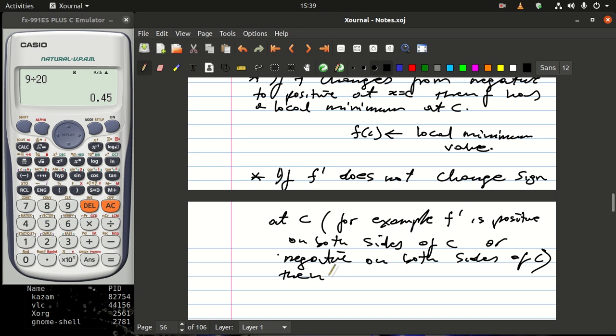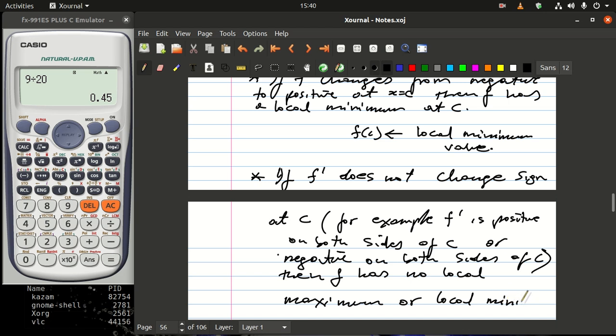Then f has no local maximum or local minimum at x equal to c.